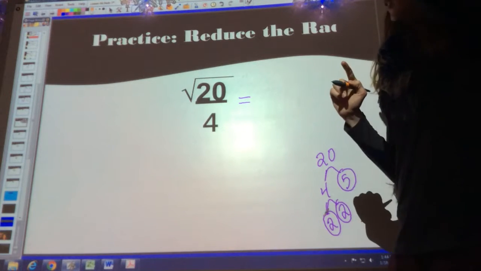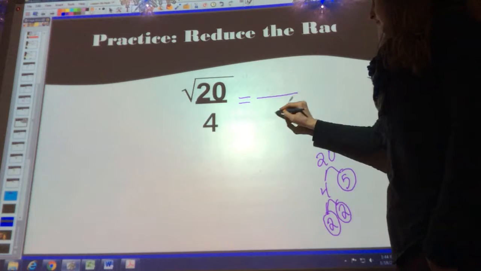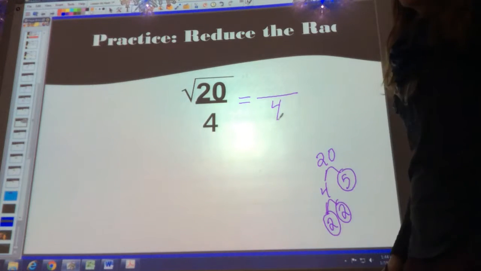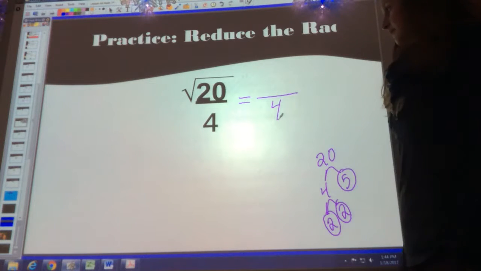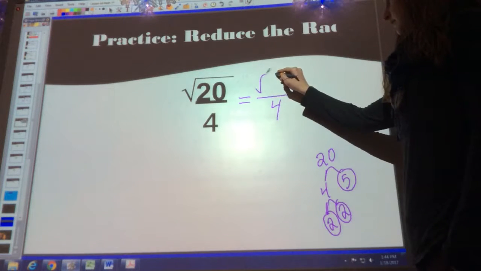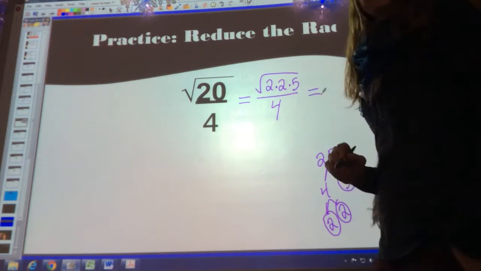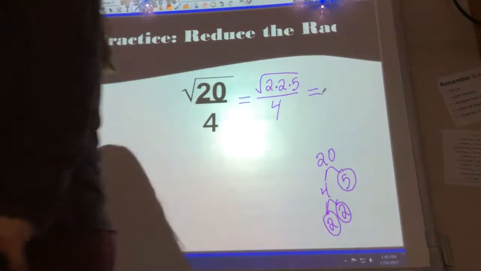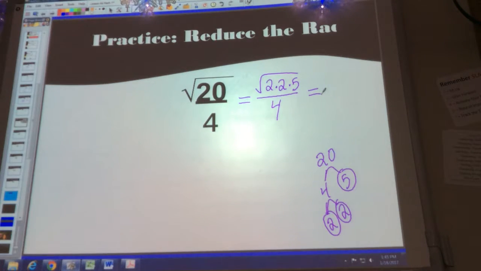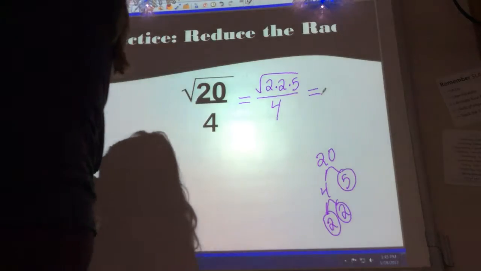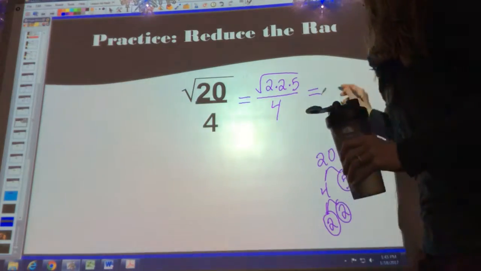And so right now, I would like you to simplify the square root of 20. Put your hand on your head when you have that answer. What's going to stay inside the square root? 5.